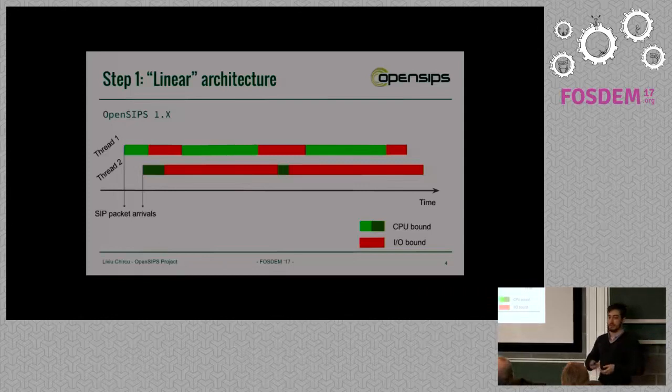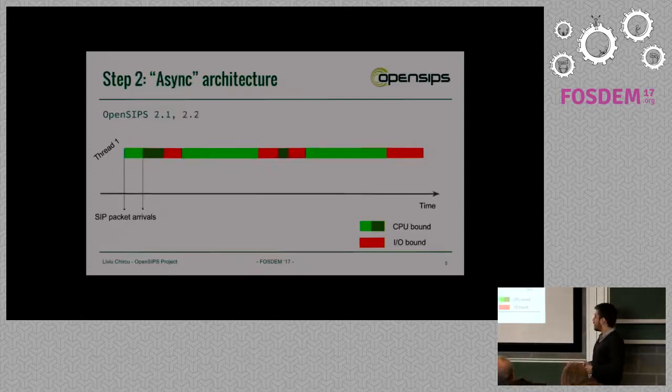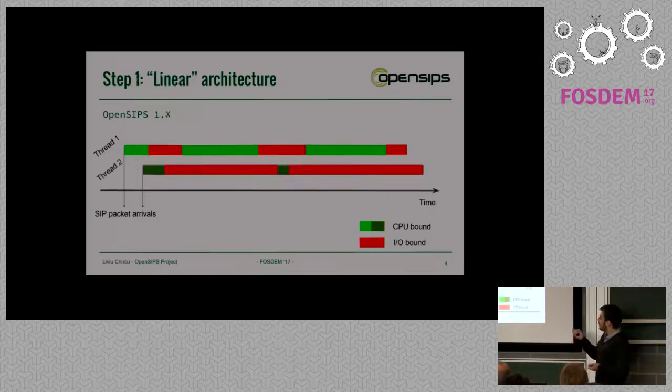So in the 2.x architecture, we treated this problem, and we introduced asynchronous operations for the database level. You can basically throw the query and resume at some point in the future. And in all this time, as you can see, you can start doing more useful work.